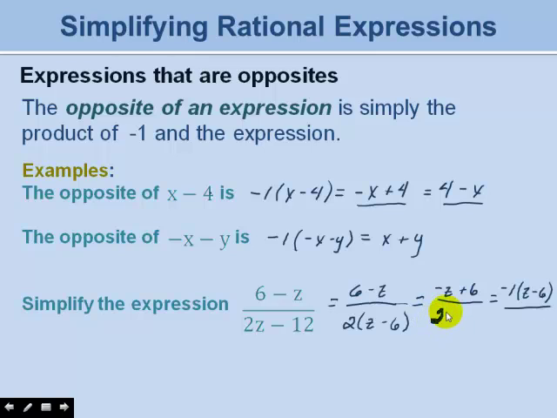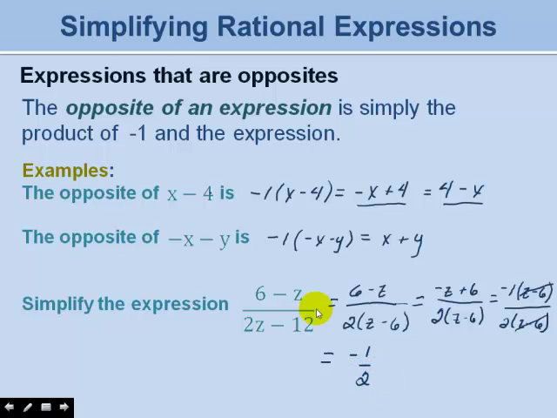And we still have the z minus 6 in the denominator, both of these places. Now what that did for us is it gave us a common factor that we can cancel out. So by rewriting the 6 minus z as -1 times the opposite, then that allows us to cancel this. And that simplifies just down to -1/2.